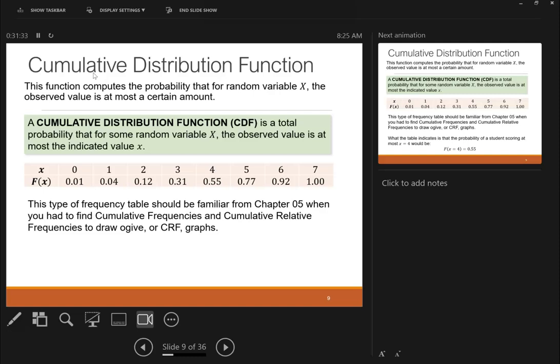This CDF function is just a cumulative relative frequency. If we looked at the graphs, they would look identical. Remember, when we say relative frequency, it just means you turned counts into percentages, right?